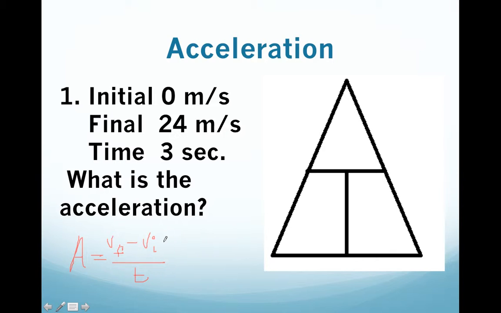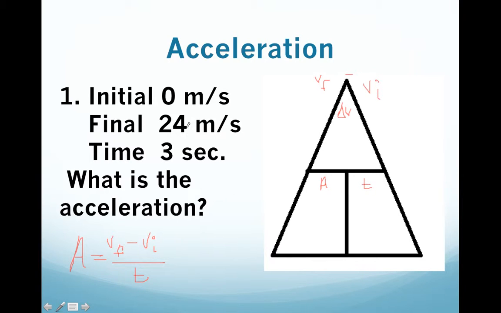So this right here is your change in velocity, which just means your final minus the initial. This one right here is A for acceleration, and this one is your time for seconds.